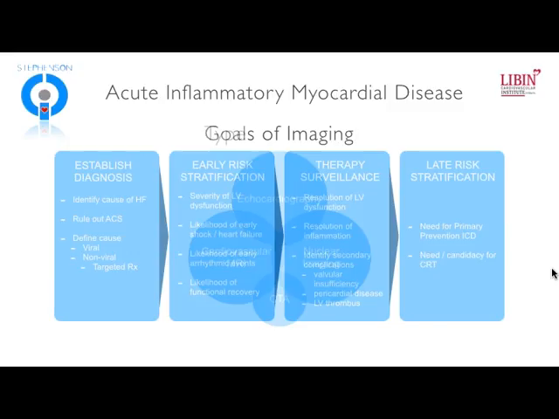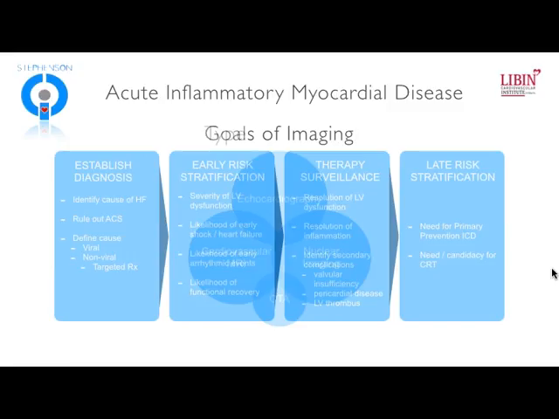After that, there's a potential role for early risk stratification, not only evaluating the severity of LV dysfunction, but potentially the likelihood that a person will have an adverse outcome over the first 30 to 60 days, or go on to develop a high likelihood of early arrhythmic events. But especially what we're interested in is who's most likely to have functional recovery versus those that are not.